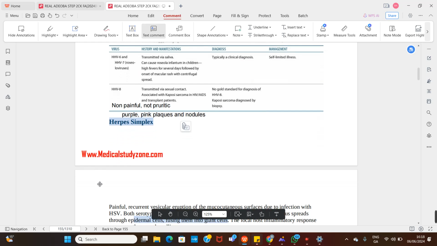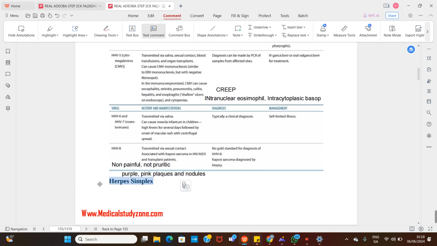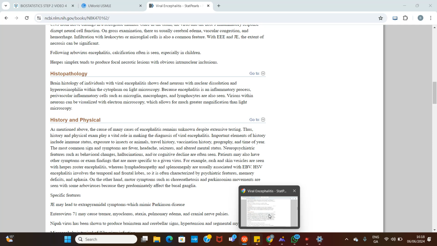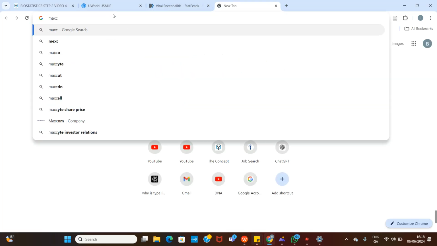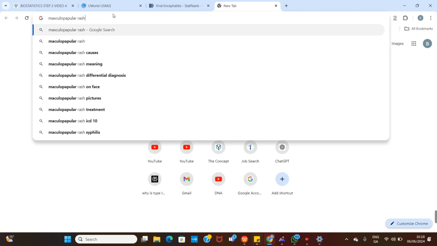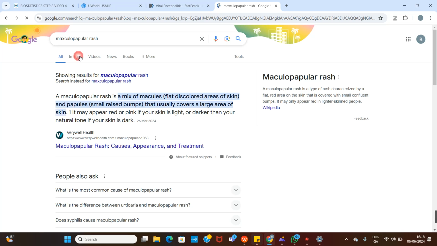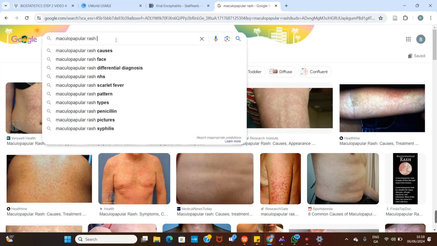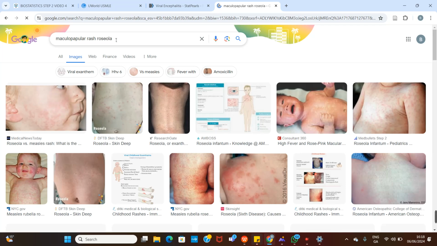The last I have here is, so we should know, of course, the maculopapular rash, the way they appear, right? Let's see for Roseola, so that they can show us babies.